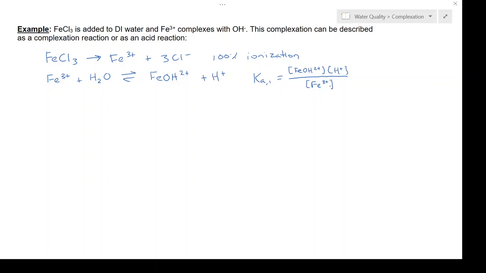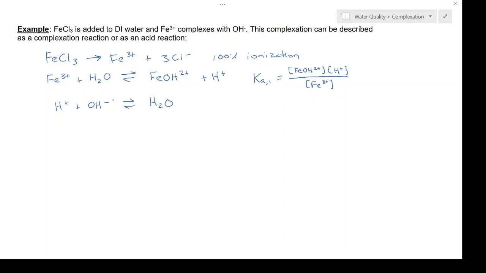Now I can also write this as a complexation reaction, and the way that I do that is to add this reaction to the water equation, but I'm going to flip it. So I do that by putting water on the right side and my hydrogen and hydroxide ions on the left side.